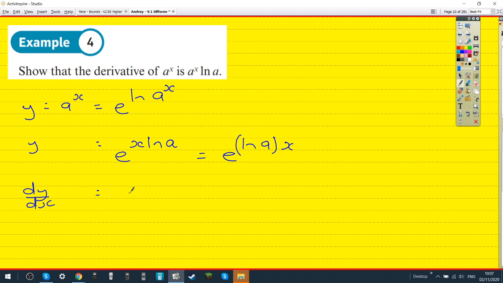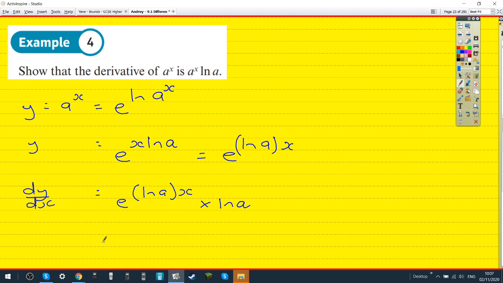And so the derivative of this whole thing, e to the power of something, would be the same thing, I believe. And then times by the derivative of the function inside the function, which would be ln a up there. Oh, yeah.